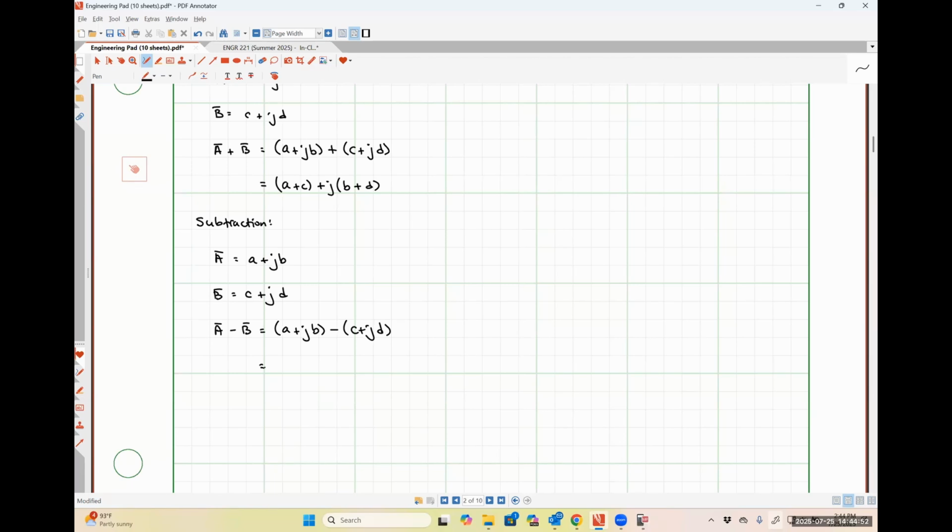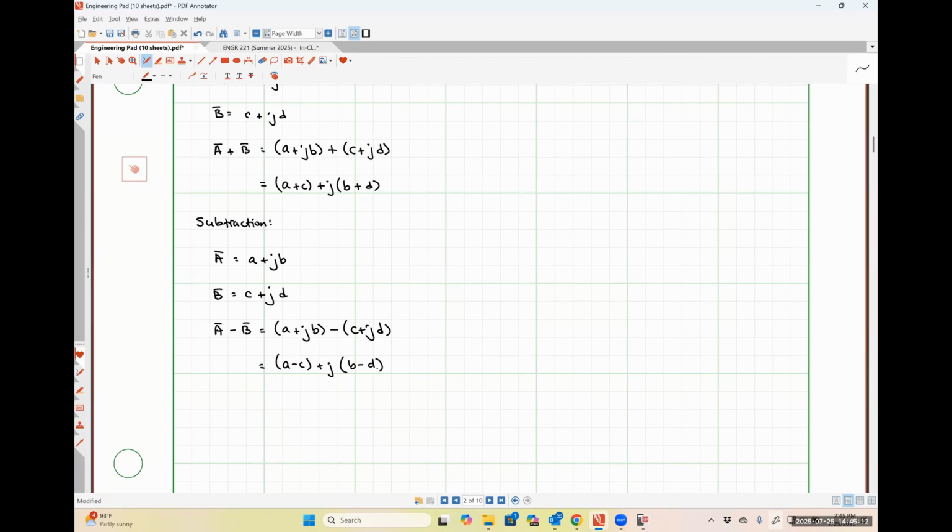So I'm going to have as a real part a minus c plus j, and then as an imaginary part b minus d. So it works exactly like addition, except that there's a negative sign.